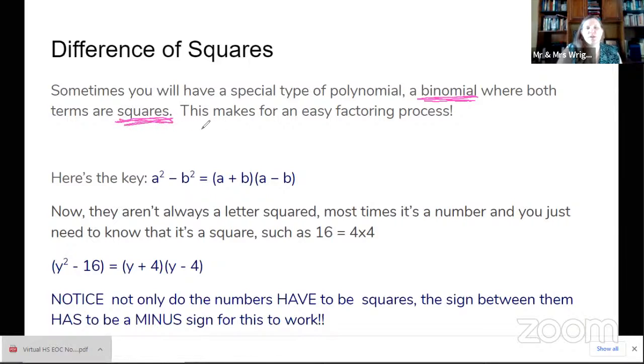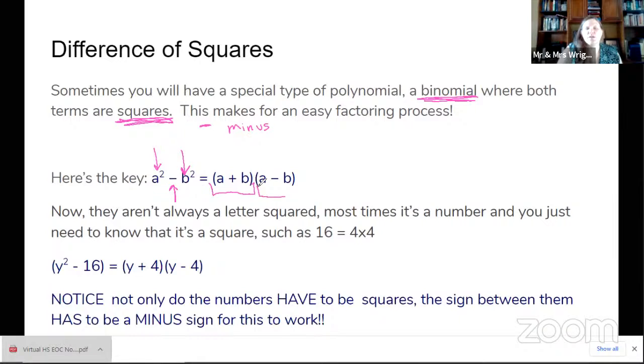And with this specific one, there has to be a minus sign in between, okay? So here's the rule, and we'll see how this works in the next few pages. If the first term is something that is squared, and then you have a minus, and then the second term is something that is squared, then what you have is a plus b, or the first thing that was squared plus the second thing that was squared, but without the squares, just a and b within parentheses.